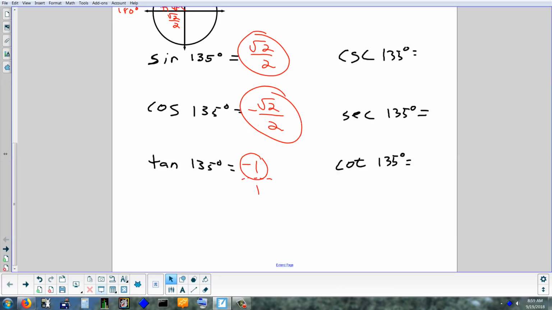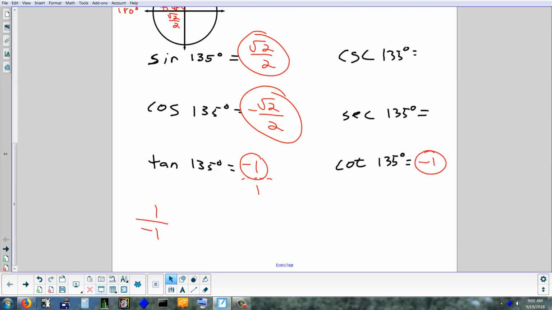What's 1 over negative 1, Eric? Negative 1. So a positive divided by a negative always gives me a negative. So the answer there would be negative 1. Any question on that?